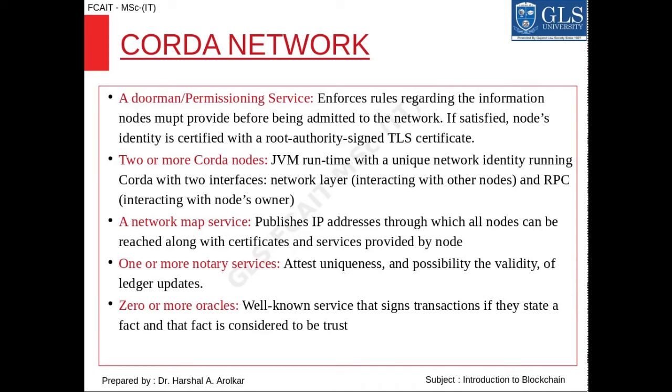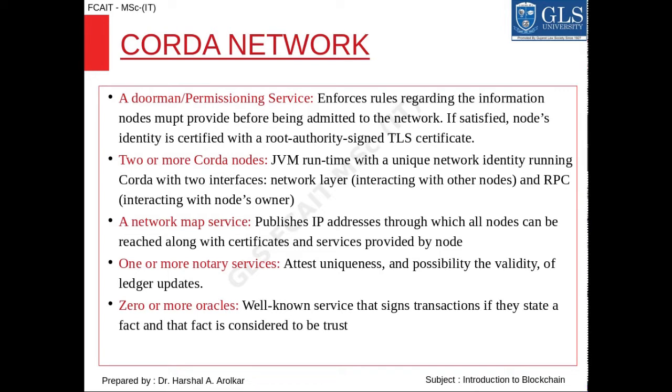So the first one that we are going to look into is the permissioning service, which is also called a doorman. The job of the doorman is to enforce rules regarding the information that nodes must provide before being admitted to the network. We want to make sure that any node that connects to a Corda network is an authenticated node.